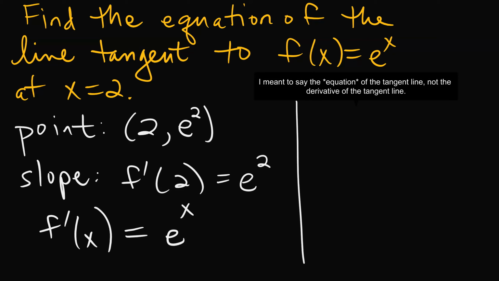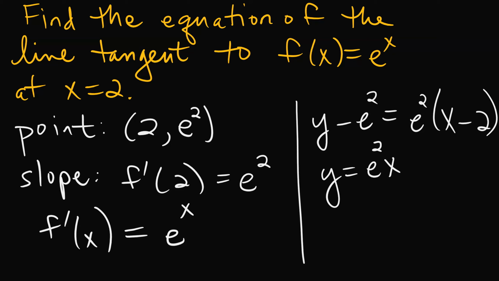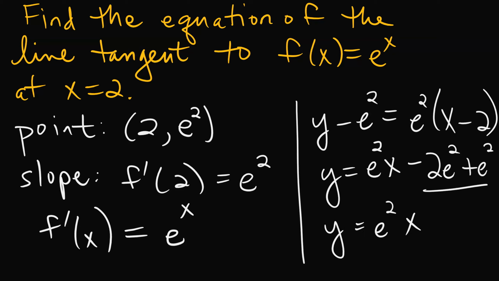So the equation of the tangent line is y minus y1 equals the slope times x minus x1. And there it is, and again, we usually write this in point-slope form. e squared is just a constant, so that's our slope. So minus 2 times e squared plus e squared, and of course these are like terms, so we can combine this to 1 e squared.